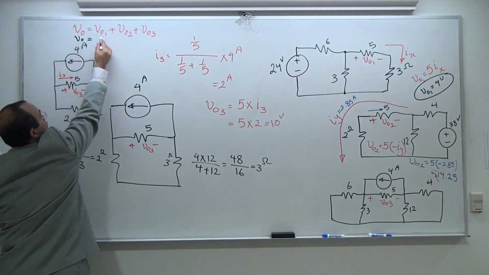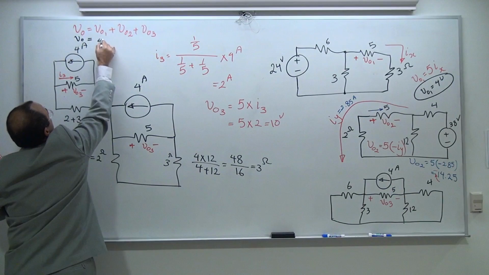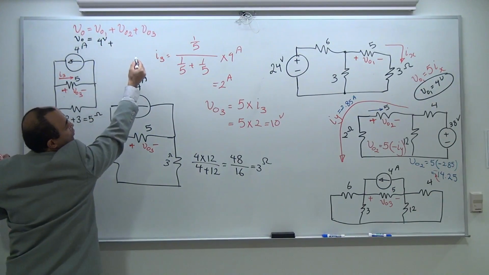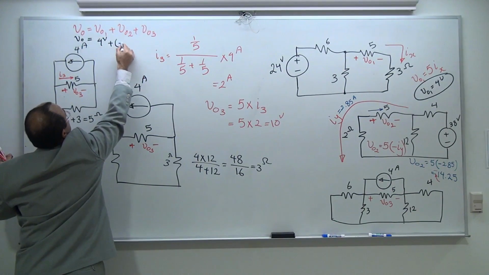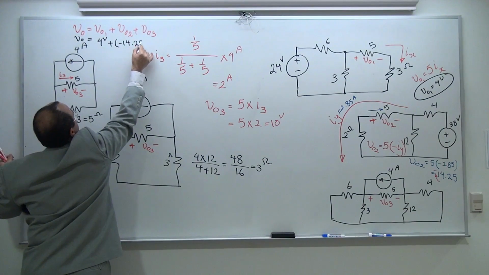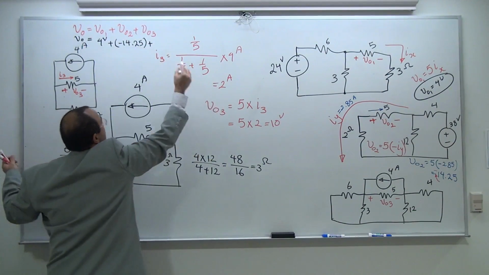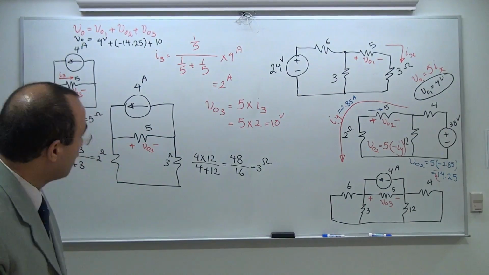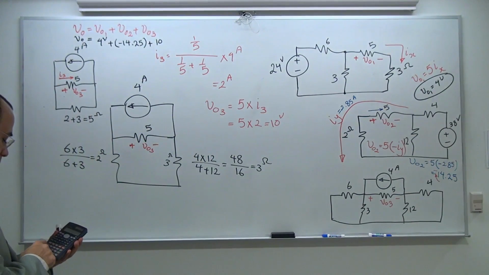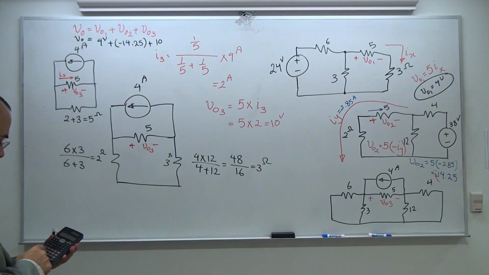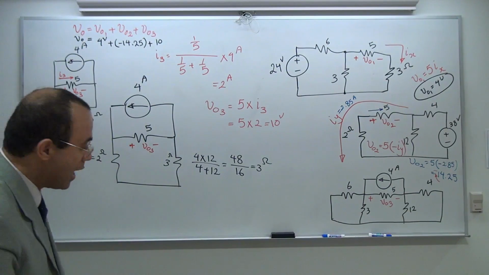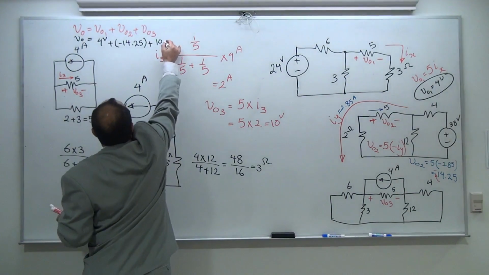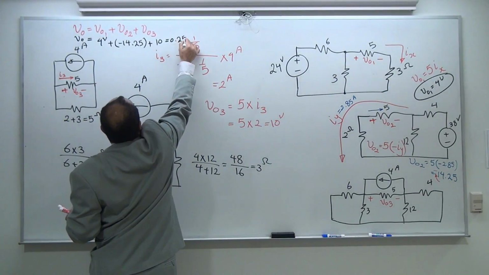VO is equal to VO1, 4 volts, VO2, minus 14.25, and VO3 is 10. So 4 minus 14.25 plus 10, and that's going to be minus 0.25.